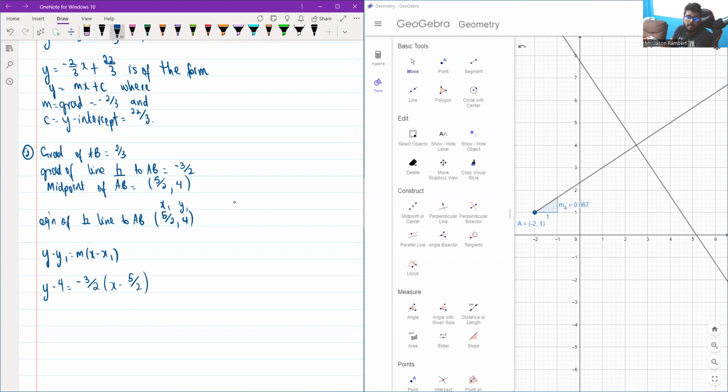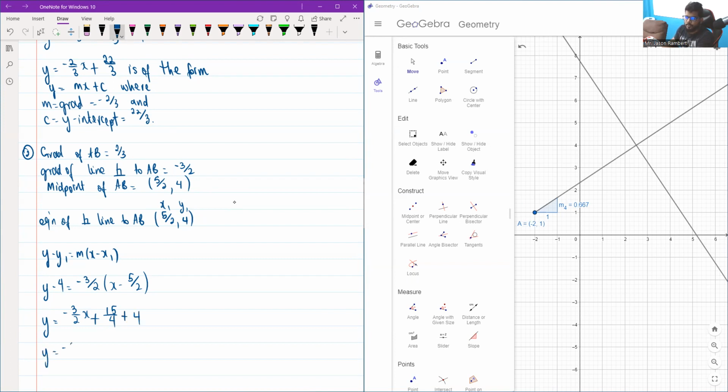A fraction is a number. We deal with it the exact same way we would have dealt with a whole number. Y is equal to -3/2x. A minus and a minus is a plus. And then I multiply out the two fractions. I get 15/4 as my fraction. Move the 4 across, it becomes +4.